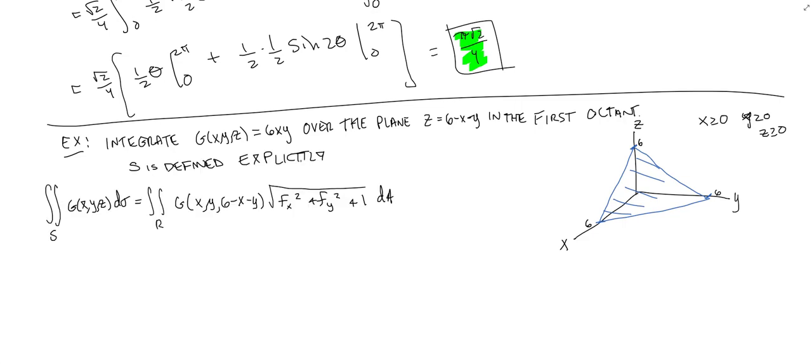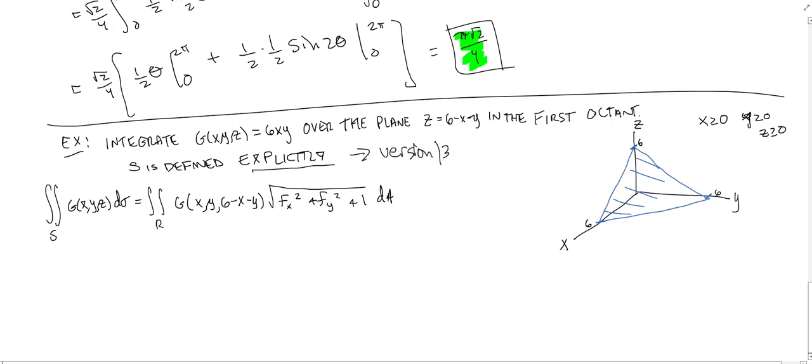And so our surface is defined explicitly, and we will use version 3 of our surface integral formulas. So that's right here, and notice what I just plugged in for z was our surface. Let's go ahead and figure out our partial derivatives first. Our surface z is what we're calling f, so the partial derivative with respect to x is just going to be -1. The partial derivative with respect to y is also -1.